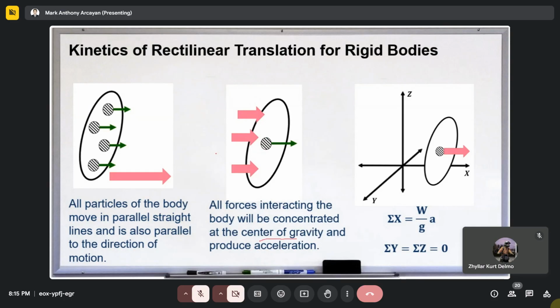Now, if we have net external forces that act on or influence the motion of our body, as shown in this red arrow, then our body will accelerate. And then that acceleration vector, which is represented by this green arrow, shall be put in the center of gravity. Because we will only consider one particle in order to simplify our analysis.